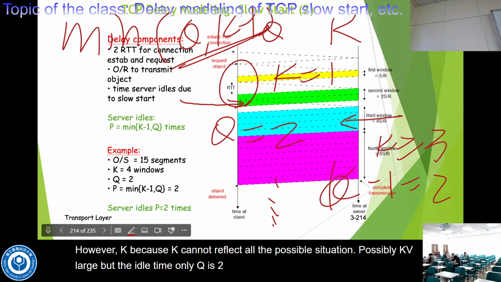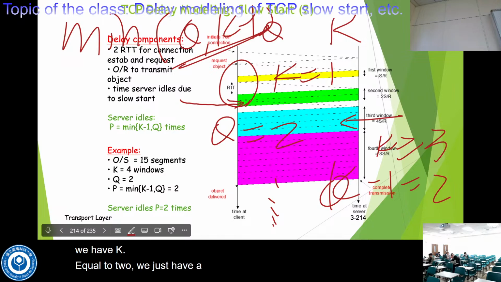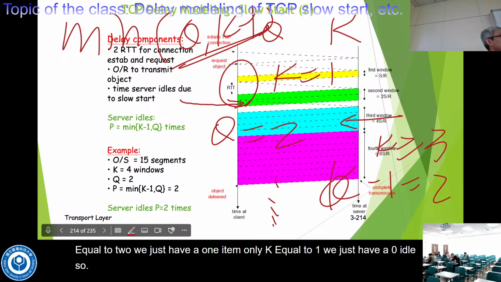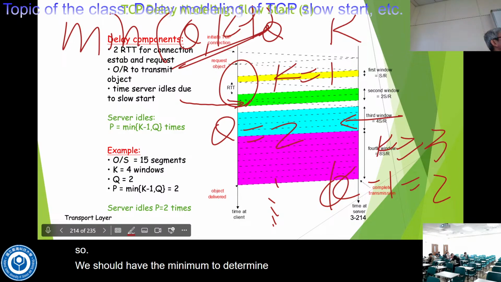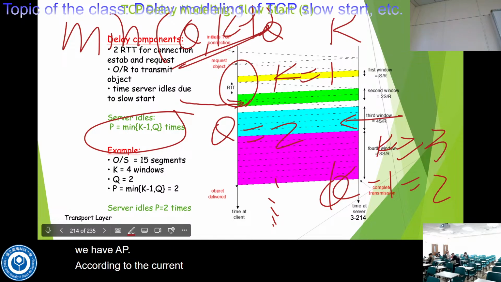And K perhaps is small. Sometimes we have K equal to 2, and we just have 1 idle. Or maybe K equal to 1, and we have 0 idle. So we should take the minimum to determine the real idle times. That's why we have P. Well, according to the current illustration, the meaning of P is okay.